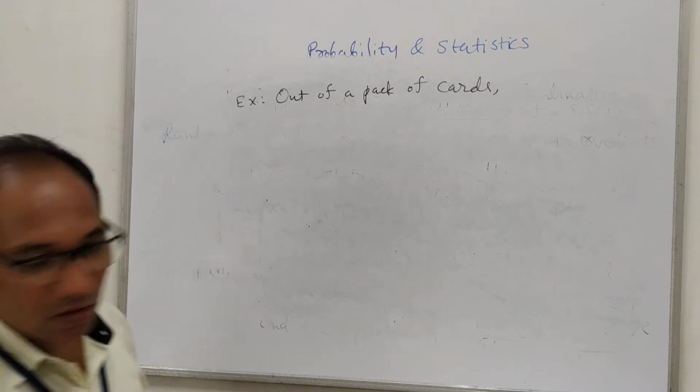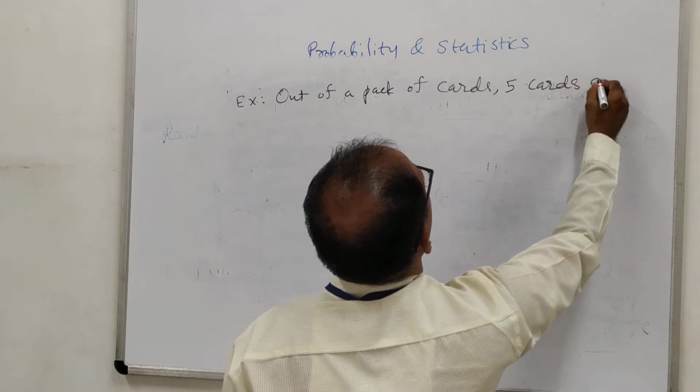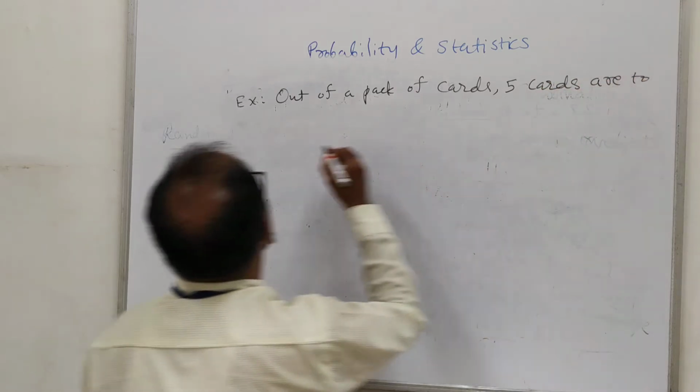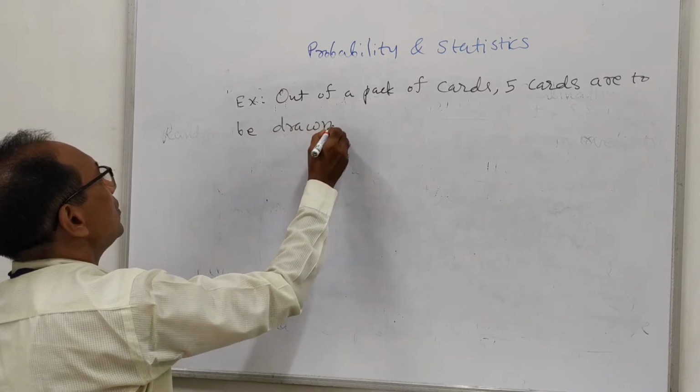5 cards are to be drawn. Drawn means to choose.